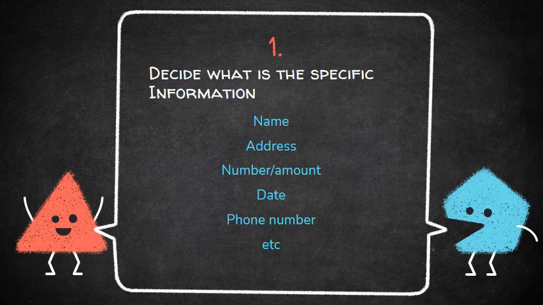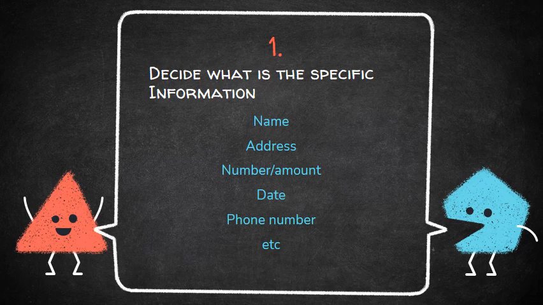Decide what the specific information is. You decide the specific information based on the question that is given to you before or after the passage or the reading. From the question, you know that what you want to find is maybe a name, maybe an address, maybe a number or amount of certain things like the weight of a person.